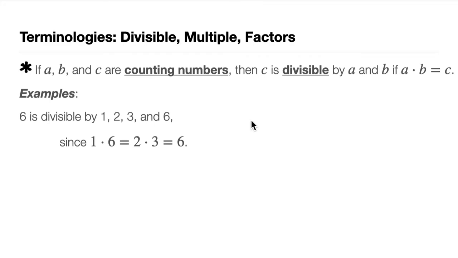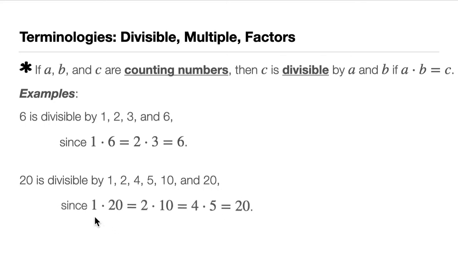Therefore, 6 is divisible by, for example, 2 and 3 because 2 times 3 is equal to 6. One more example: we say 20 is divisible by 1, 2, 4, 5, 10, and 20, since 1 times 20 is 20, 2 times 10 is 20, and 4 times 5 is 20.